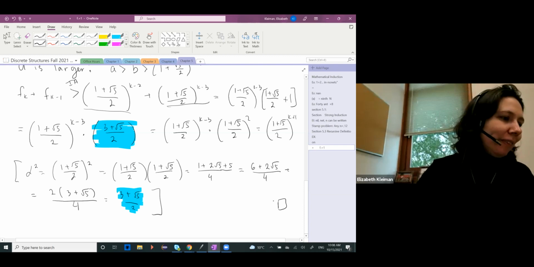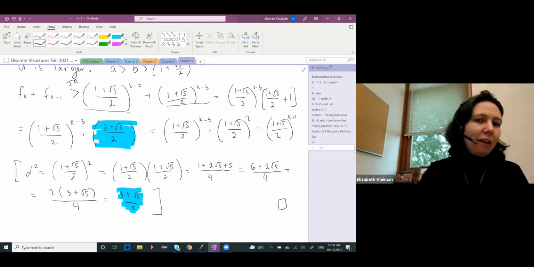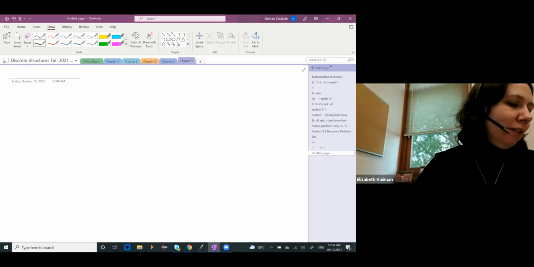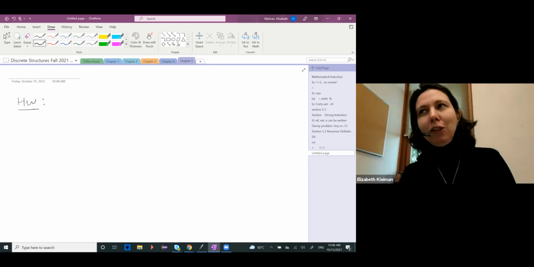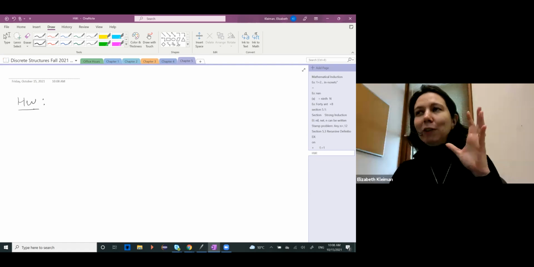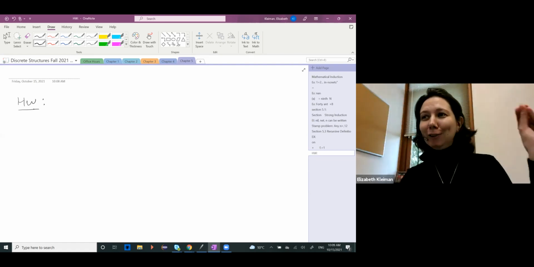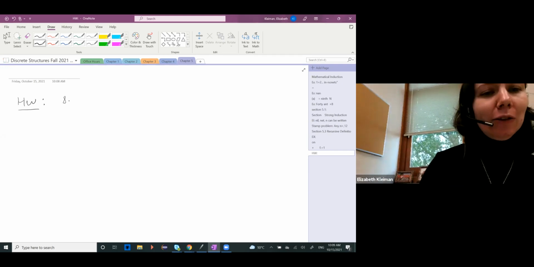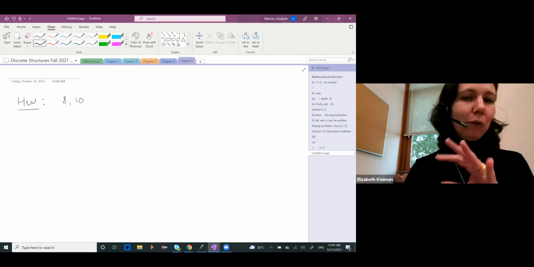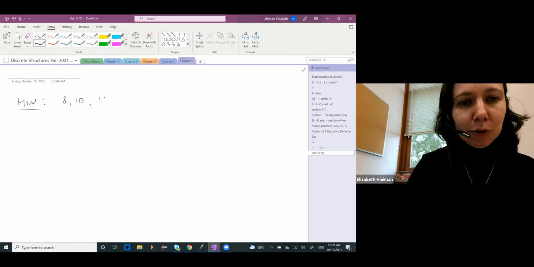Okay. So your homework from this section, you will need to prove some sequences using recursions. Nothing is going to be as complicated as what I just did. This was just kind of cool because it's Fibonacci and Fibonacci is cool. But you will work with recursive functions, recursive definitions, and a couple of proofs in this homework.